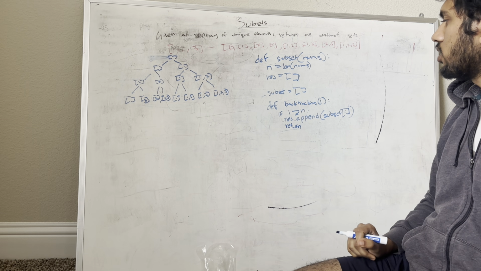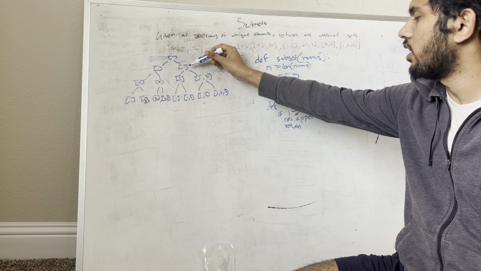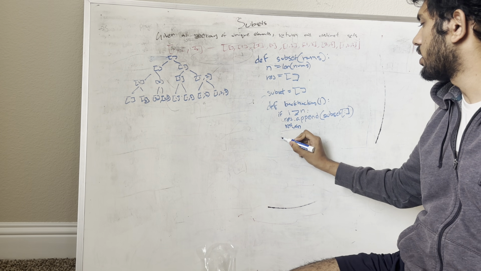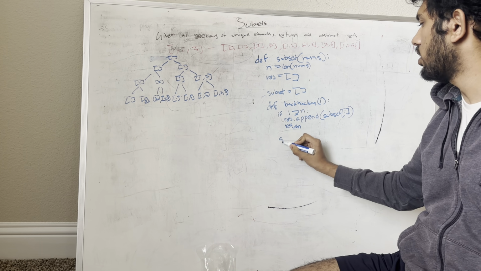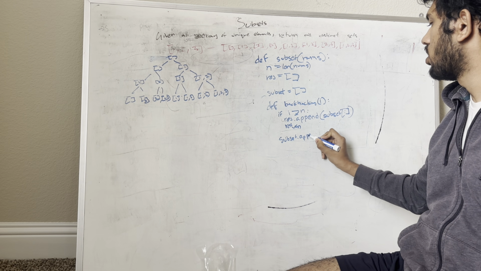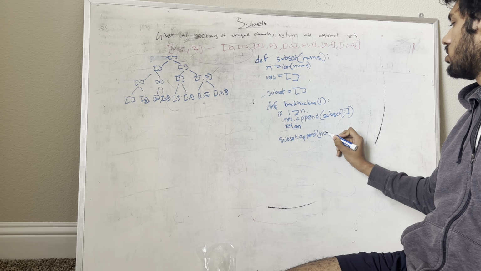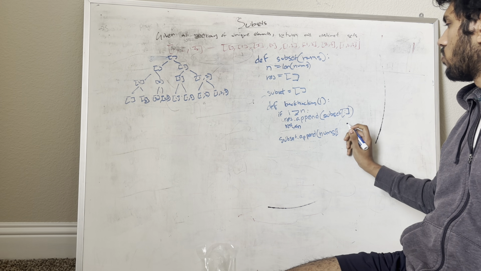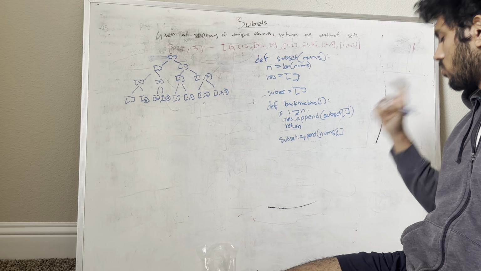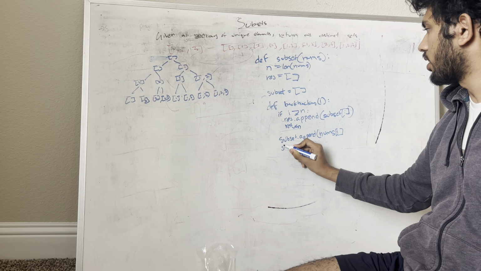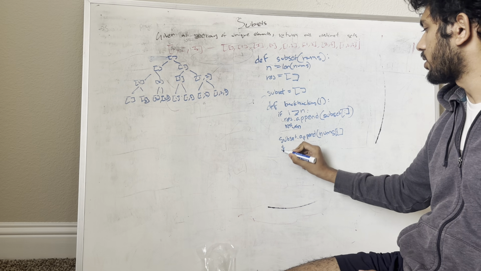Now here's the main part. Now we can choose an element. So first, let's append the value to the array. So subset dot append nums i. Okay, and after appending it, we can call the backtracking algorithm again.